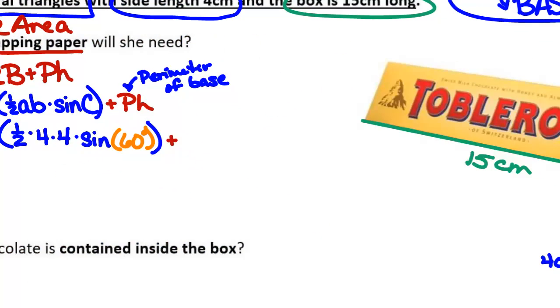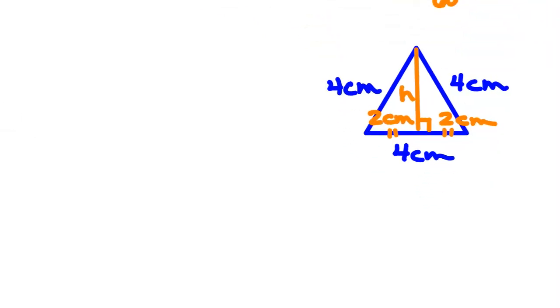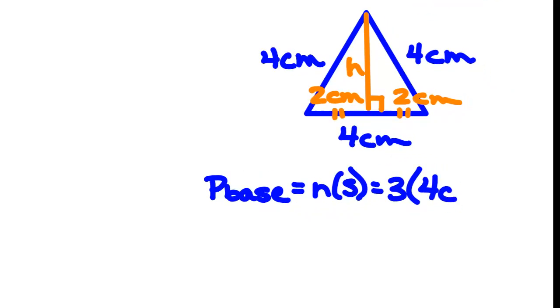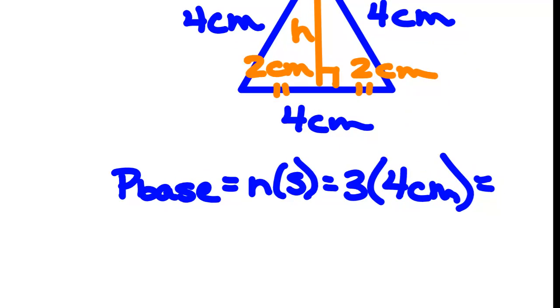What is the perimeter of the base? 12. Remember the base is a triangle shape. It's an equilateral triangle, so that makes it a regular polygon. We have 3 sides that are 4 centimeters each, giving us a 12 centimeter perimeter.